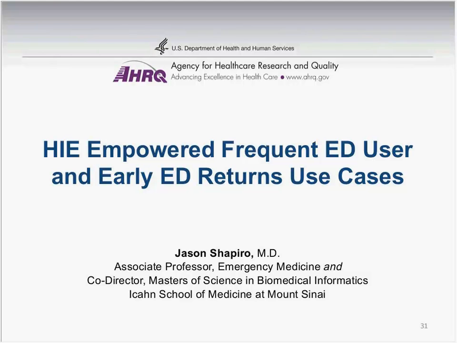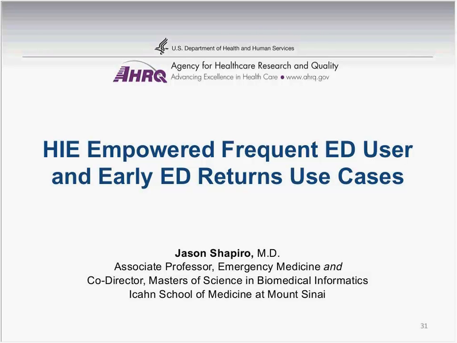Dr. Shapiro is Associate Professor in the Department of Emergency Medicine and Program Co-Director of the Master of Science in Biomedical Informatics in the Graduate School of Biomedical Sciences at the Icahn School of Medicine at Mount Sinai. Dr. Shapiro conducts informatics research focusing on health information exchange, emergency medicine, public health, and health services.